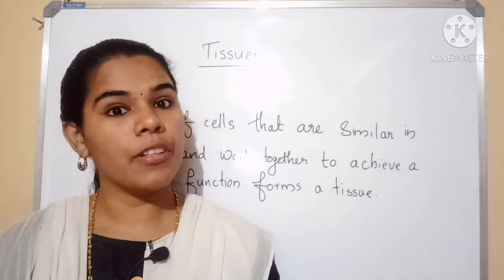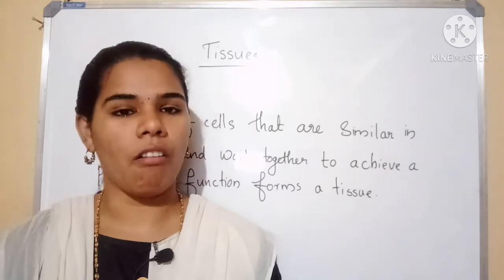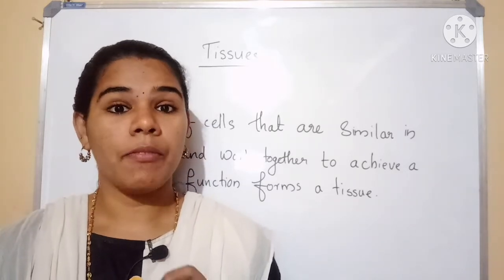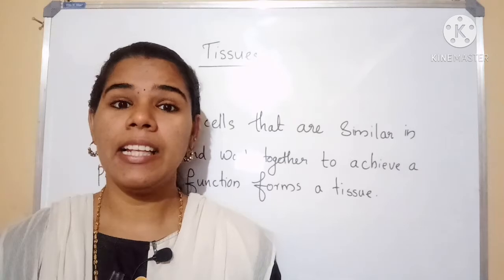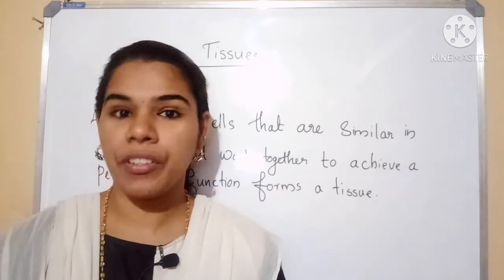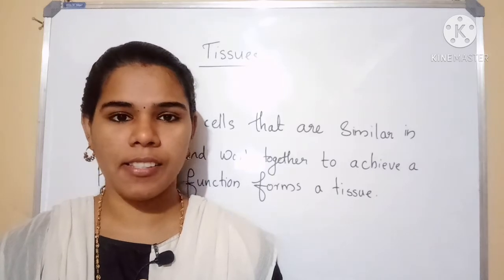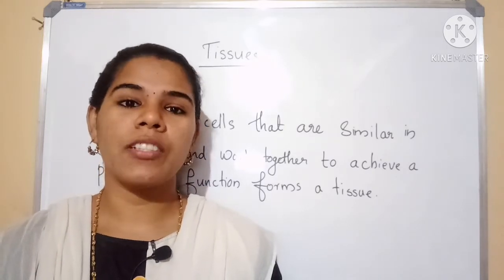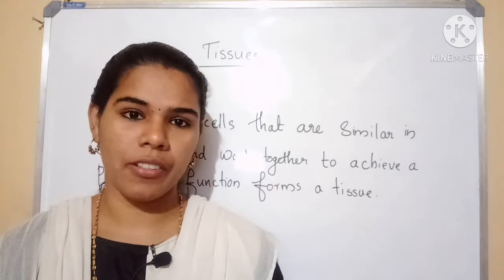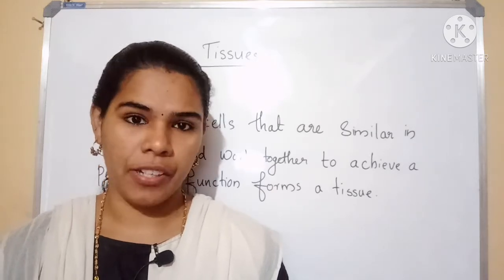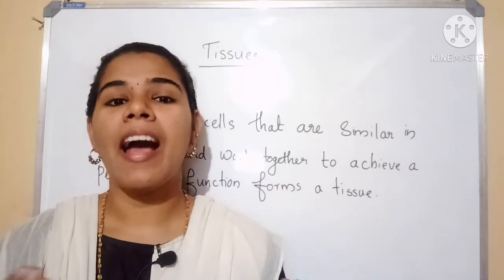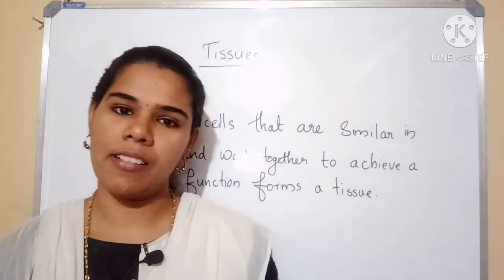Yes, it will be different, because when we learned about the cell, the structure was also different in animals and plants. So the tissues are also different in animals and plants.